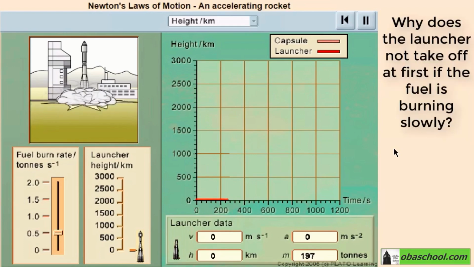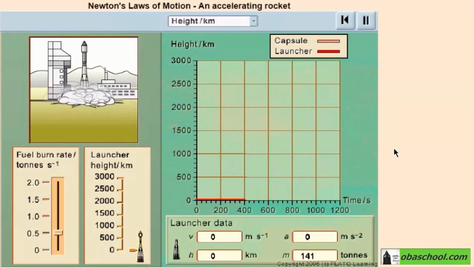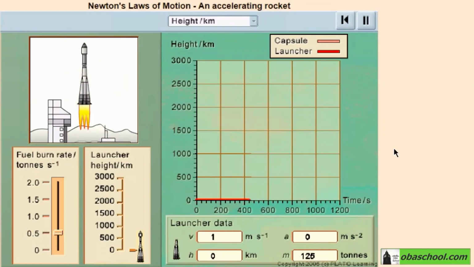Why does the launcher not take off at first if the fuel is burning slowly? Yes, you are right, because the weight of the rocket is greater than the upward force provided by the rocket.